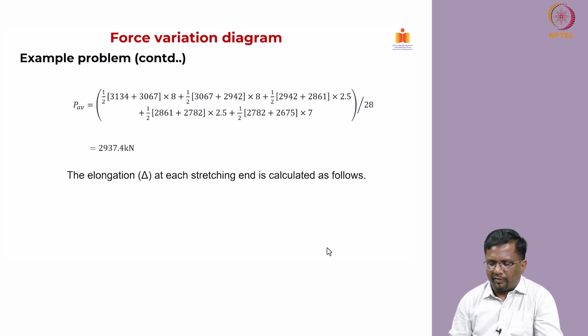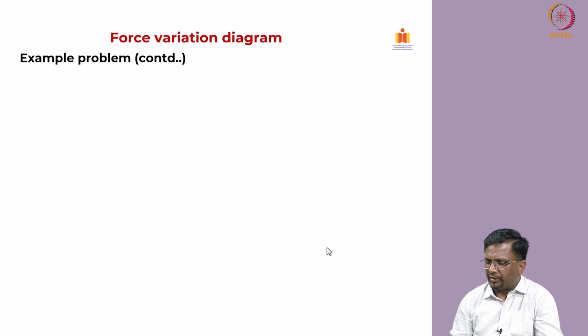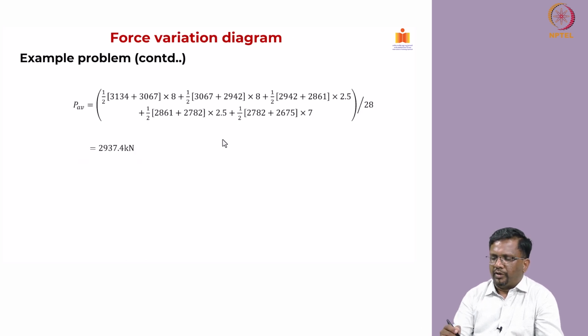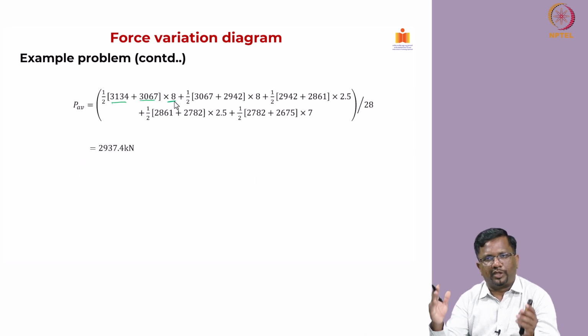Now, how do I get my average force? You see here, if you go back to this, at each end we know this, and we know the distance between them also, right. So, you take the average force: 3134 plus 3064 and multiply by 8, because that is a span.